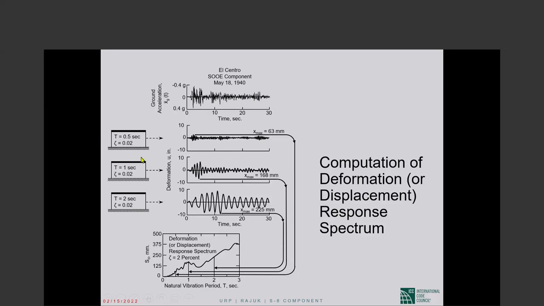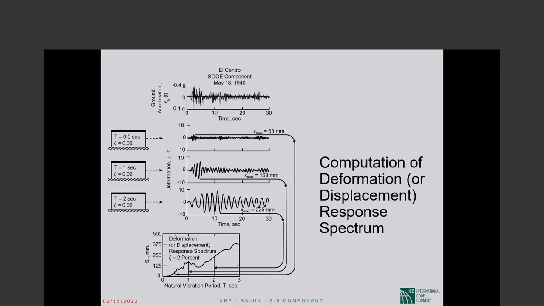The first single degree of freedom system is a one-story, one-bay frame. We are stipulating that the frame has a period of half a second, and damping is 2% of critical. The period, the damping, all those concepts we discussed early on. The second single degree of freedom system is a very similar frame, mass concentrated at the roof level, and we are allowing only lateral translation of the mass.